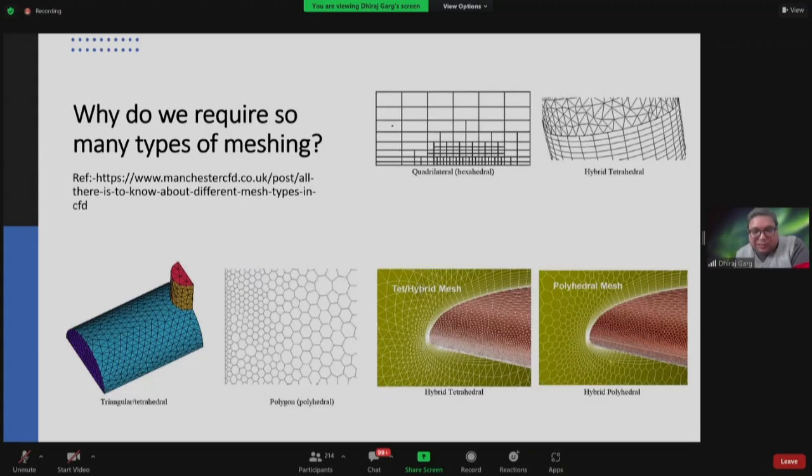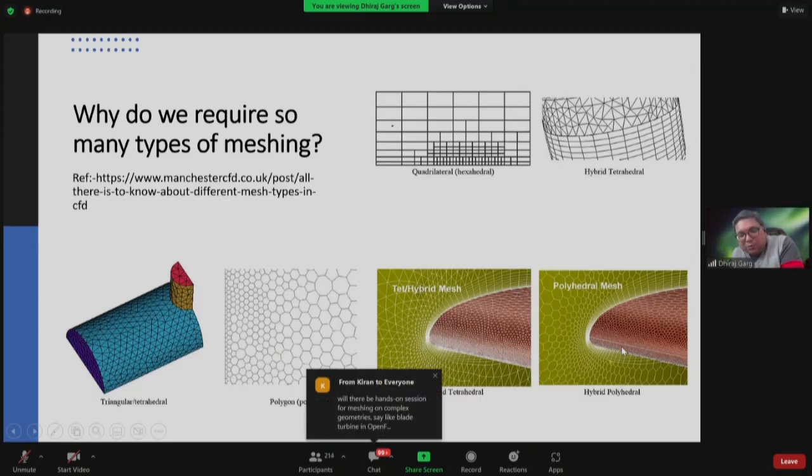So if the Reynolds number is less, the meshing may be more like this one, as you can see in this one. At the back, as the flow number increases, you may require more and more finer meshing. So it depends on what capability your software has. It also depends on the computational power you have. It also depends on the time you have to solve the problem.